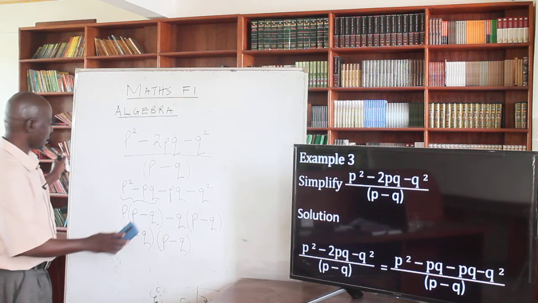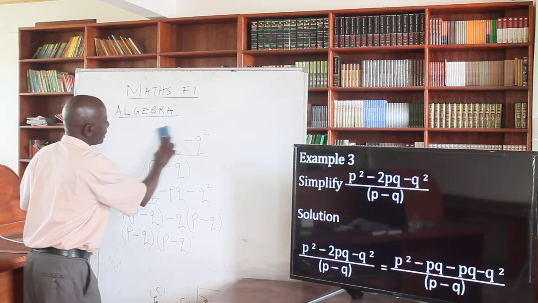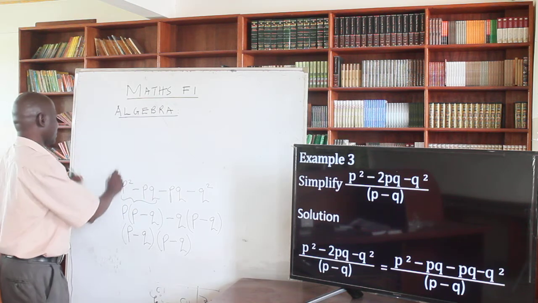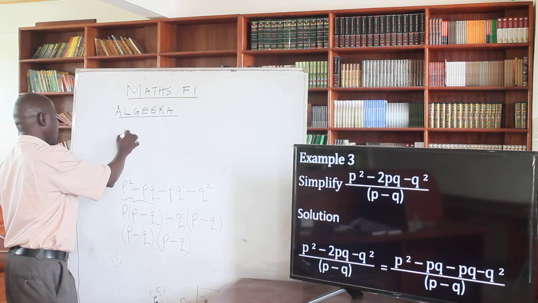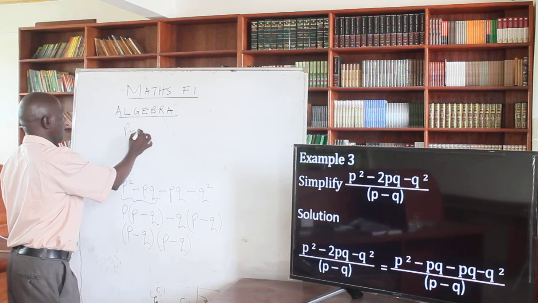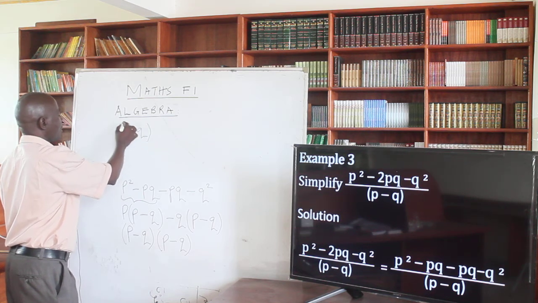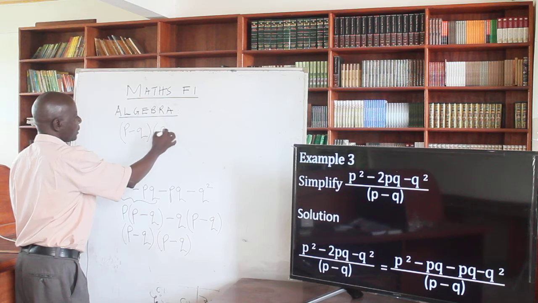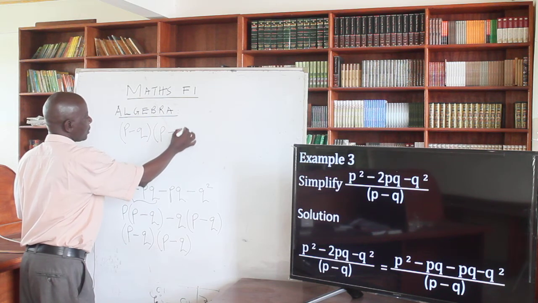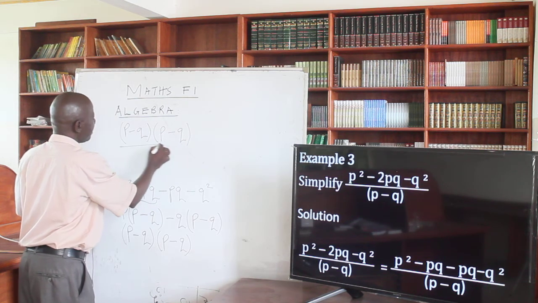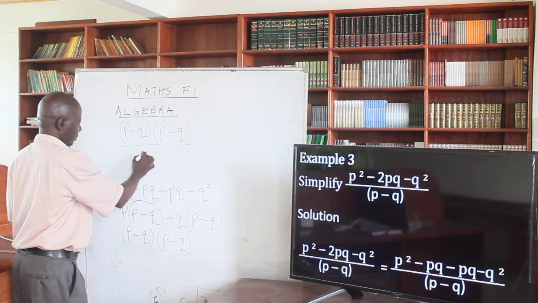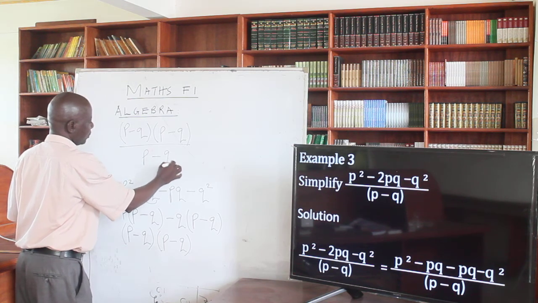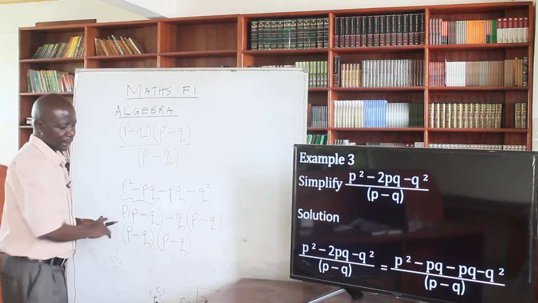Combining that in our fraction with the denominator, it becomes (P minus Q) times (P minus Q), divided by (P minus Q).